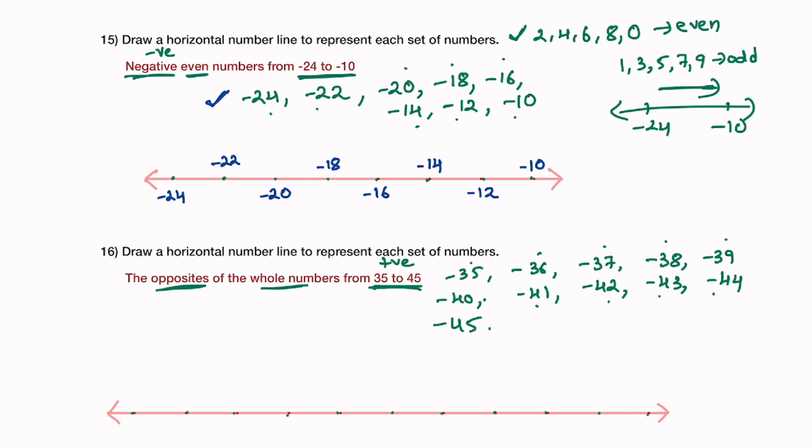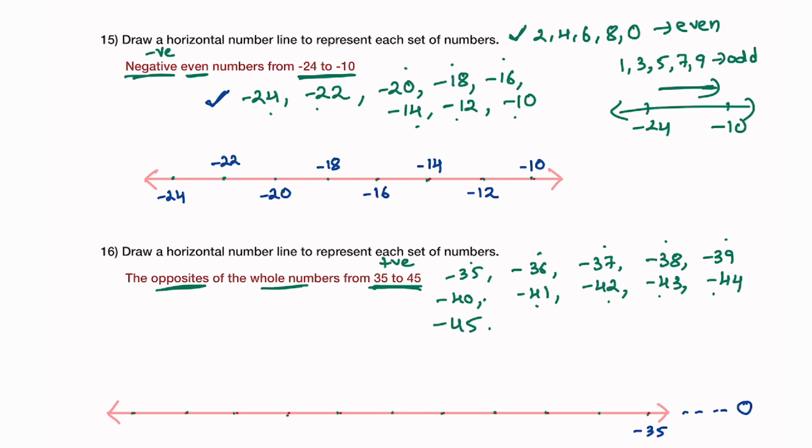Okay. Now you've got to be careful because these are negative numbers. So where do you start from? Are you going to start here with minus 35? No, we cannot do that. Minus 35 will not be there. We will start from here. Minus 35 will be here, right? Because on the right hand side, further on, you will have 0.